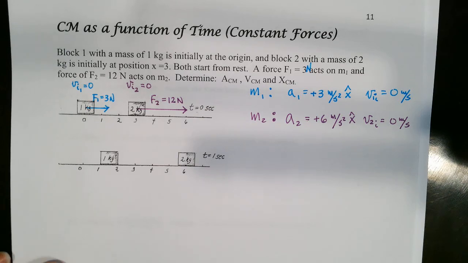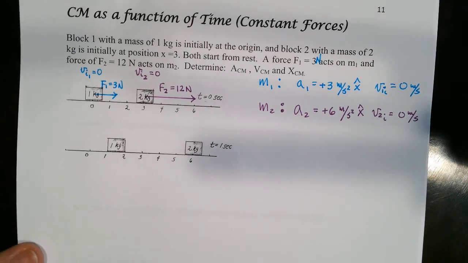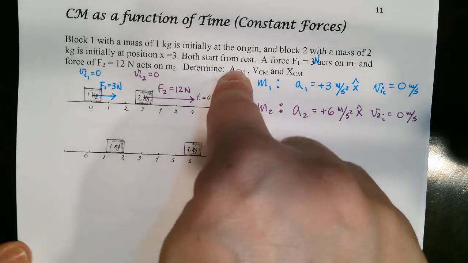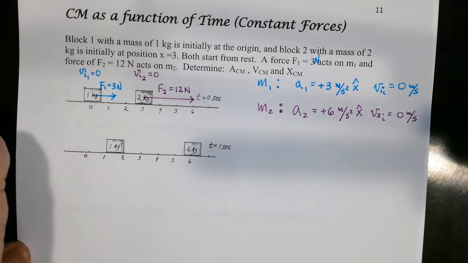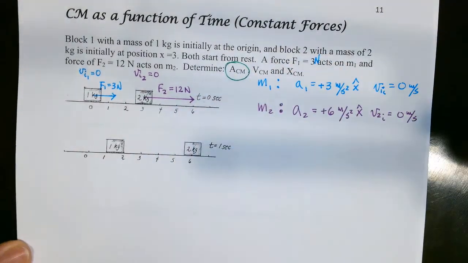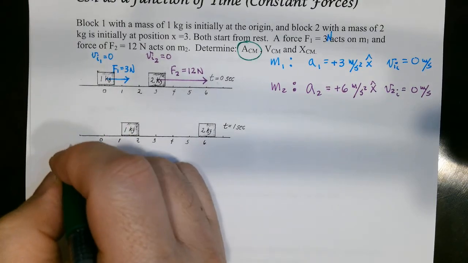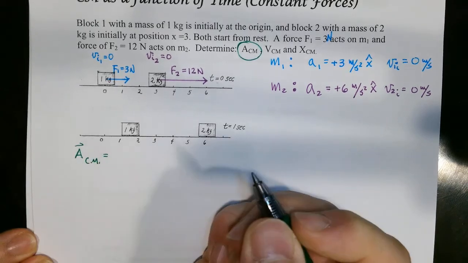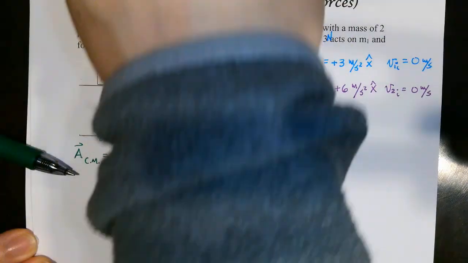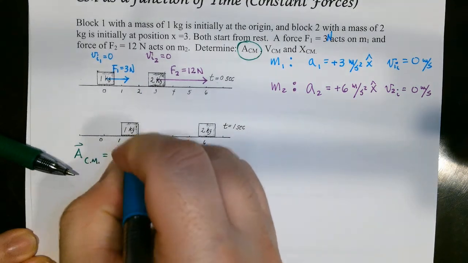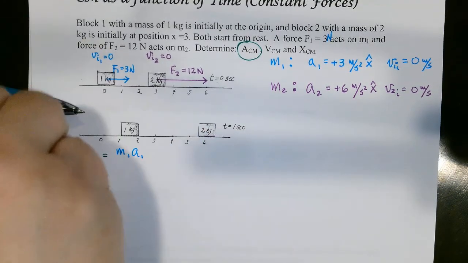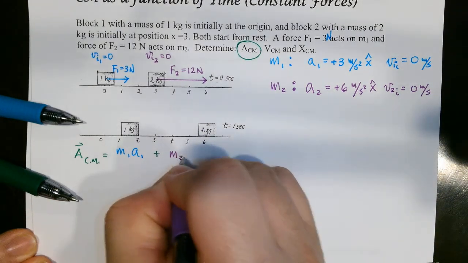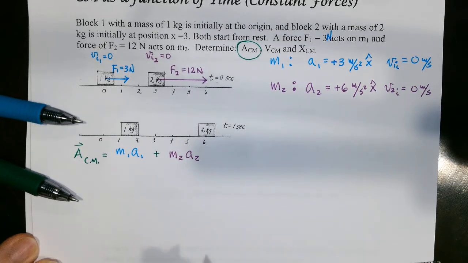Now they're asking, right, what is the acceleration of the center of mass? The acceleration of center of mass, I'm going to do that in green, right? So the acceleration of center of mass is equal to M1 A1 plus M2 A2, right?